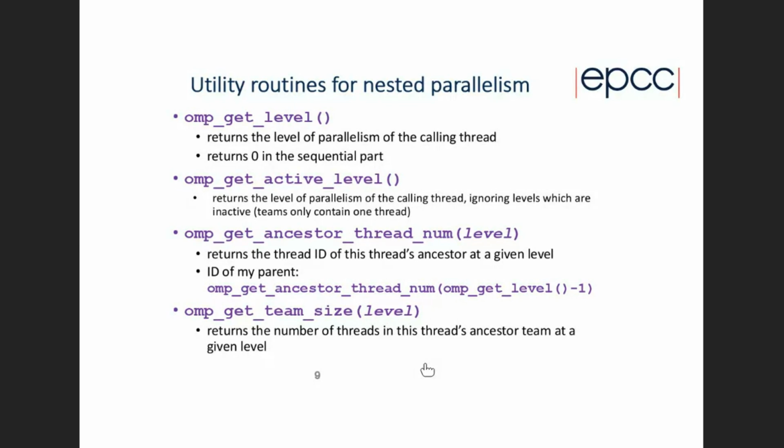So for example, if you have something like a search problem, and you want the first thread that finds something to stop all the other threads executing, then you can do that, but they don't die, they just skip straight to the end of the parallel region. So you don't have this ability to create and destroy threads at will.